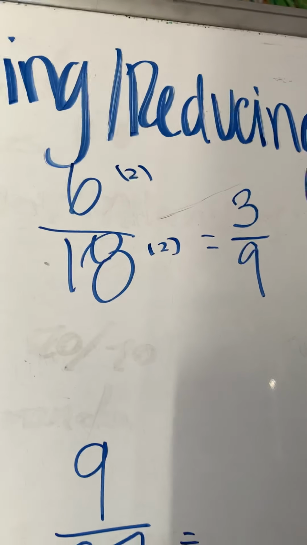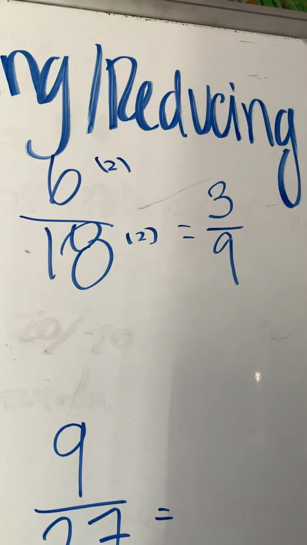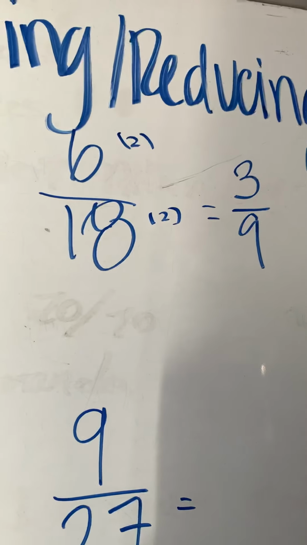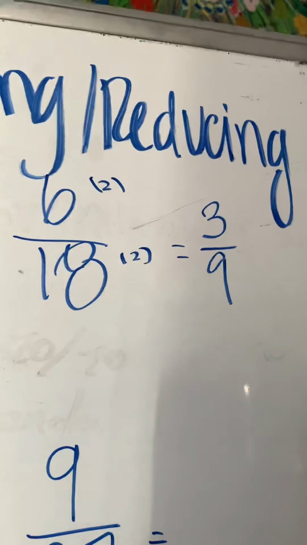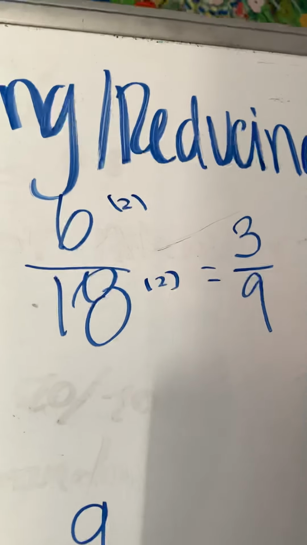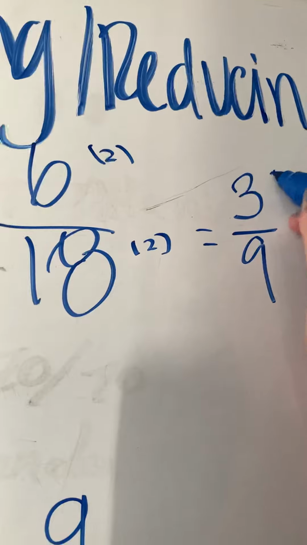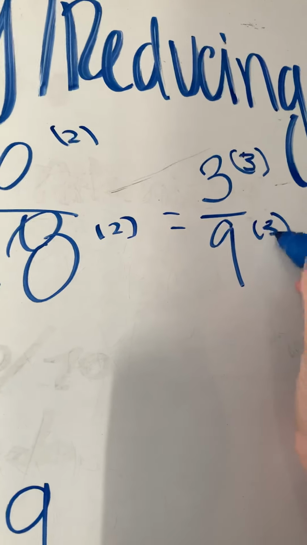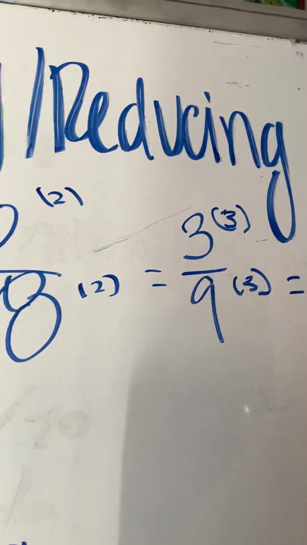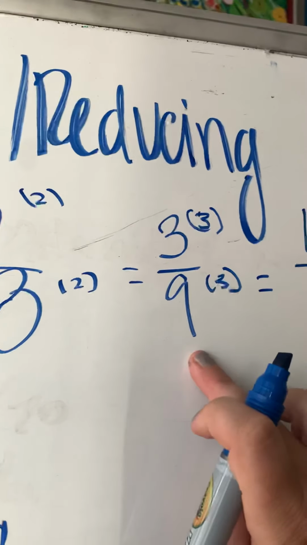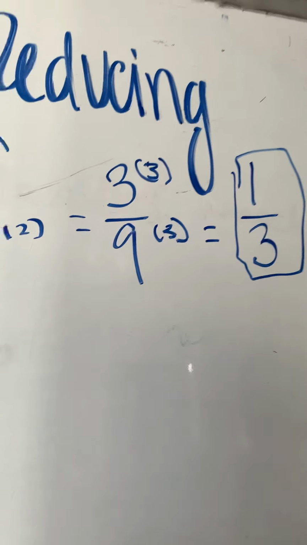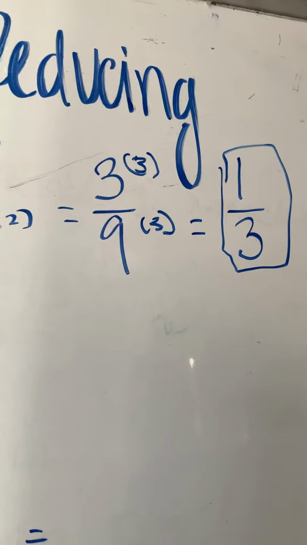But wait a second. I believe it can be reduced again, because something can go into both 3 and 9. I can divide it by 3 and 3, and 3 goes into 3 1 time, and 3 goes into 9 3 times. So my final reduced answer is 1/3.